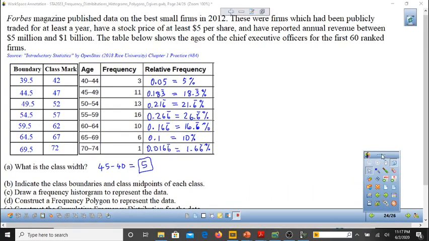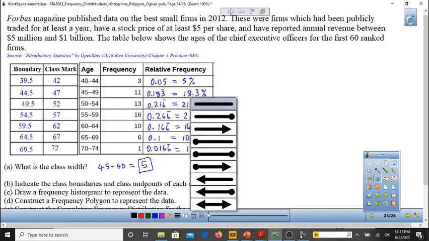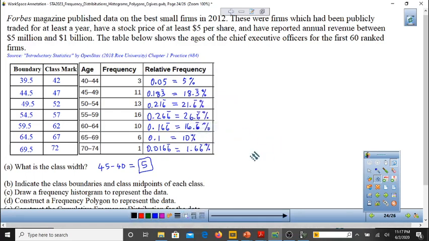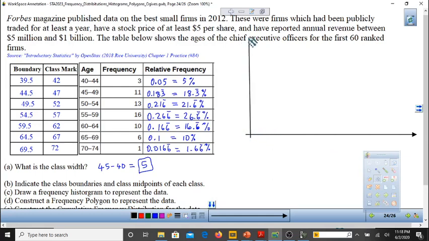Now, I'm going to use my boundaries. I'm going to create a set of axes here. I'm going to try to make it a little bit smaller. And unfortunately, because of the space, my diagram will not be drawn to scale, although I will try to draw it to scale.